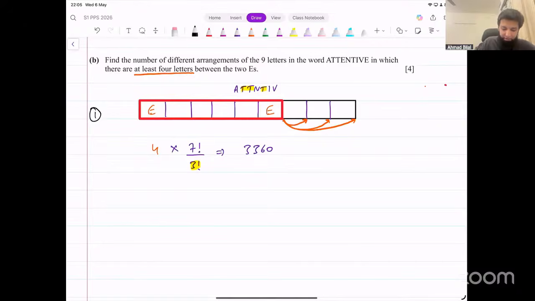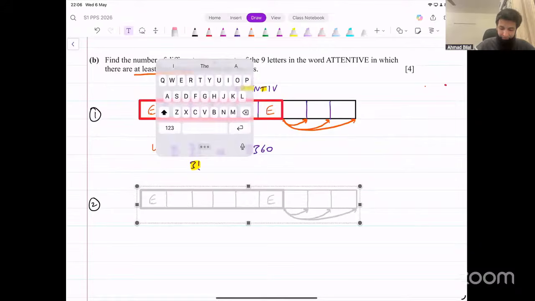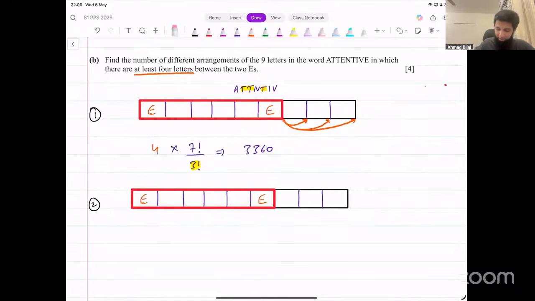Then we have the second case. Now, if you understand the pattern, you can actually do it without making other diagrams as well if you think about it. When we have 5 letters between the two E's, the only thing that changes now is, let me show that to you for this one case at least, this red box becomes bigger.